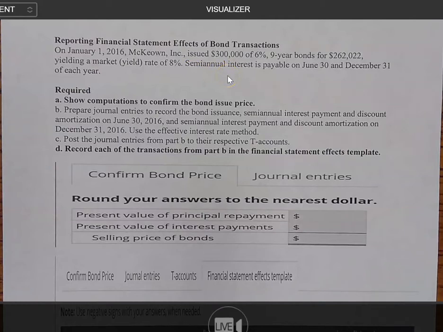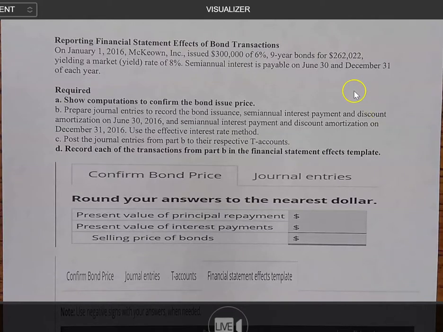So what do they want? They say, show computations to confirm the bond issue. There's a lot of ways you could do this. You can use a financial calculator, but I think that would be kind of hard. You might be able to use a table if you had access to one. We're going to use the internet.